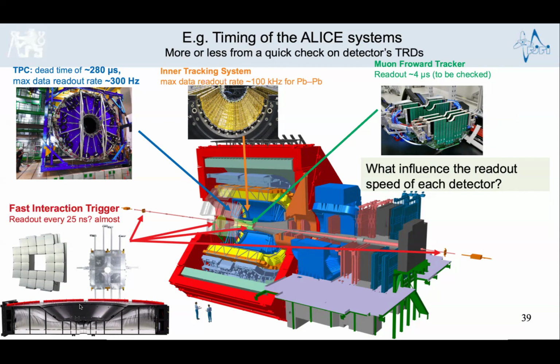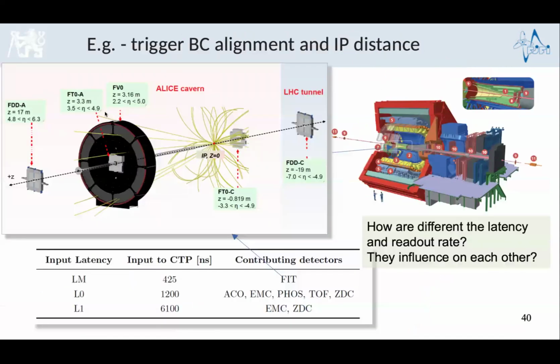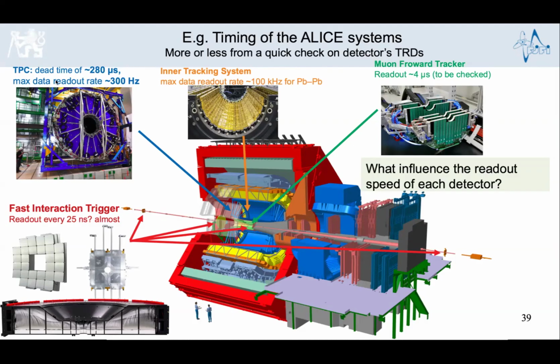For example, the TPC is, I think, the slowest detector of ALICE, which has a very large dead time of almost 300 microseconds. If you compare this with the expected collision time of 25 nanoseconds, this is large.